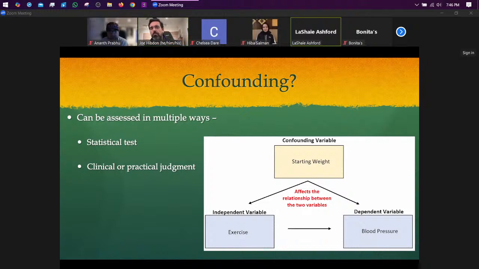So if, yeah, go ahead. So would confounding also be other reasons they have high blood pressure? I think, yeah, it can be. That's a good point. So when we think of confounding, what happens is you start a study and you say, if you exercise, you will decrease blood pressure.